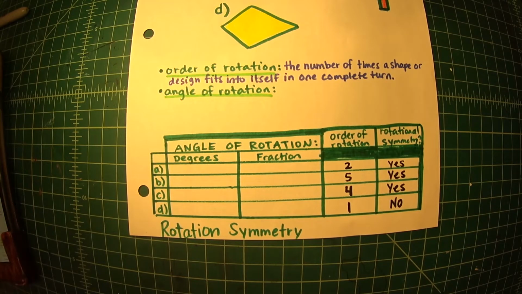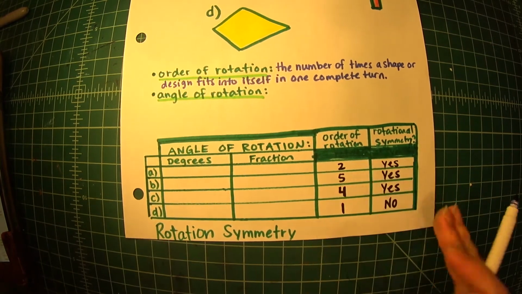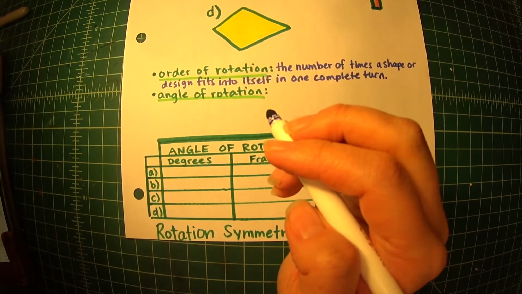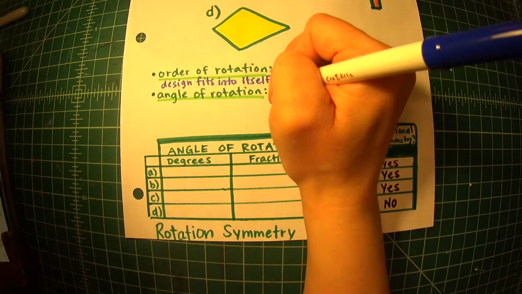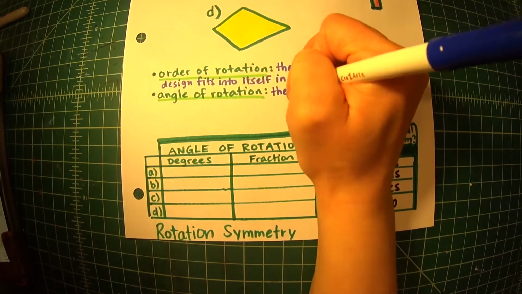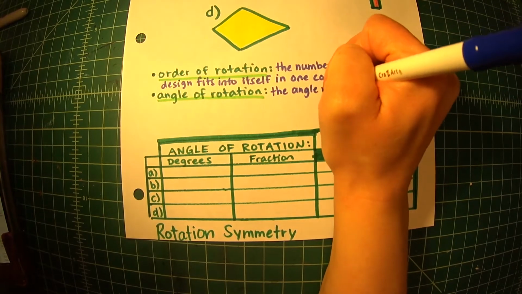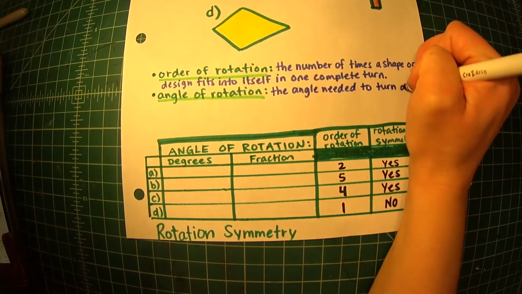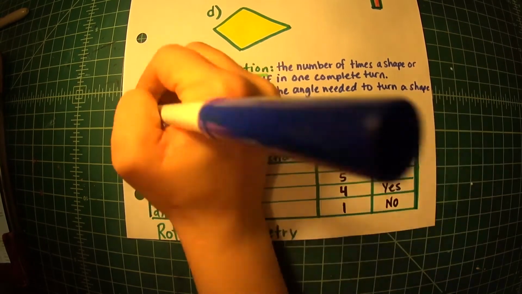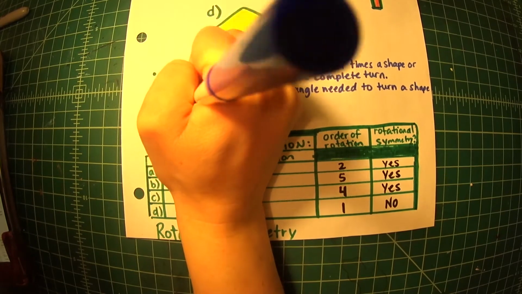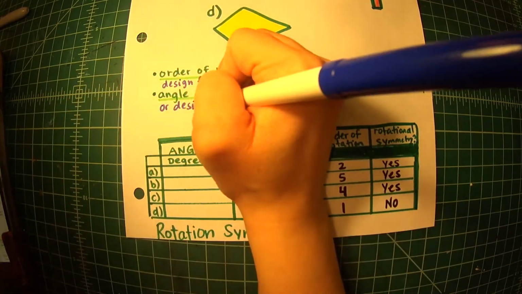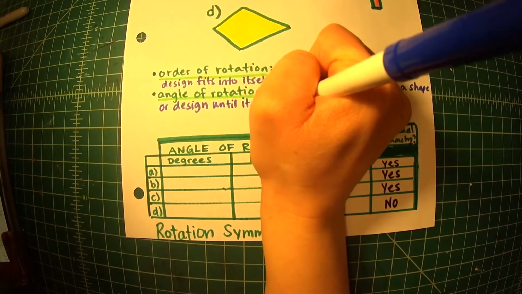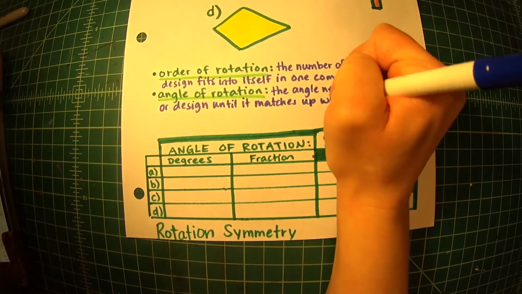So angle of rotation is the angle needed to turn a shape or design until it matches up with itself.